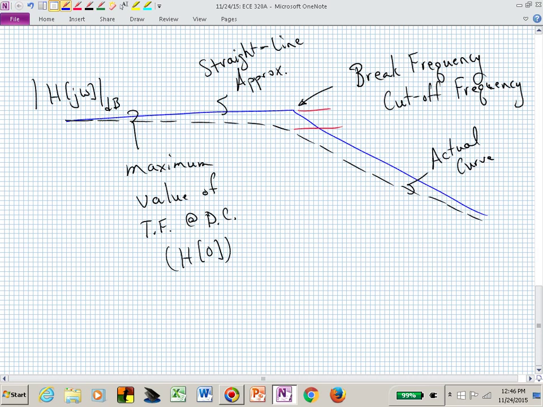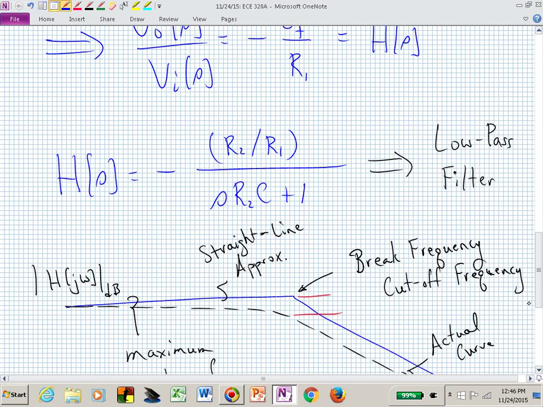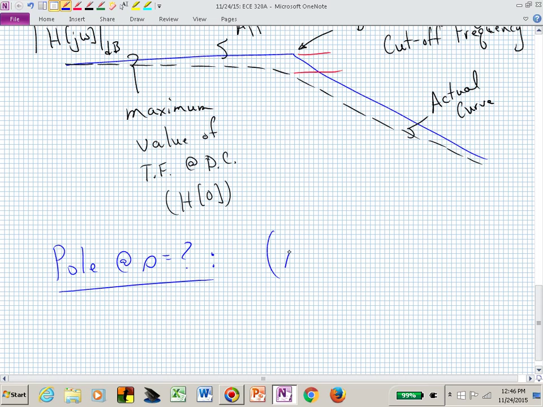You said it's a first order. Where is our pole? It's the value of S where that denominator vanishes. That's how we've been defining it. We now know that we have S R sub 2 C plus 1 equaling 0.